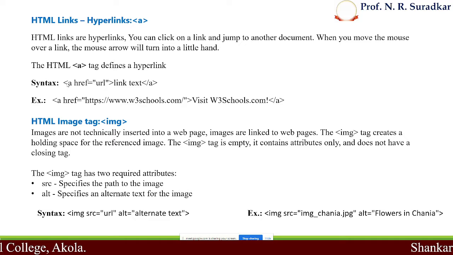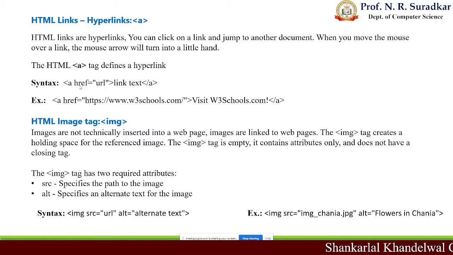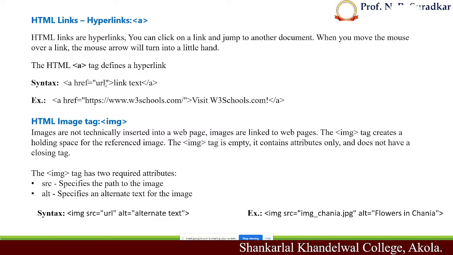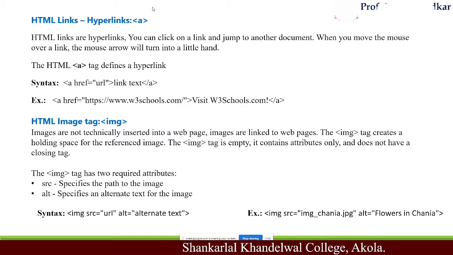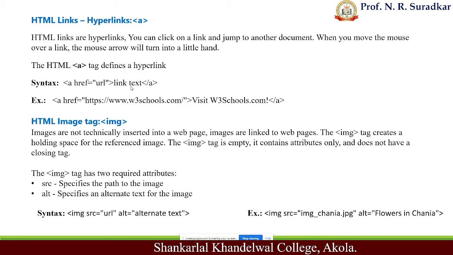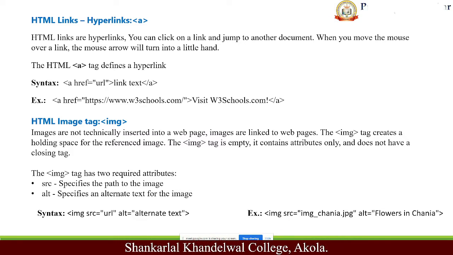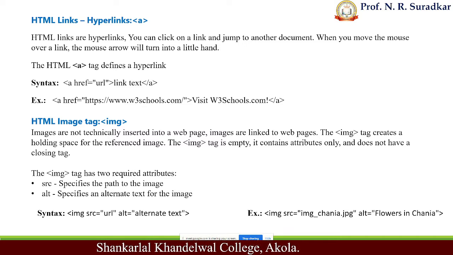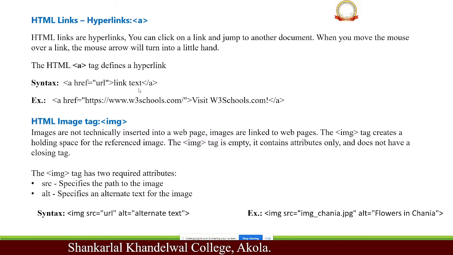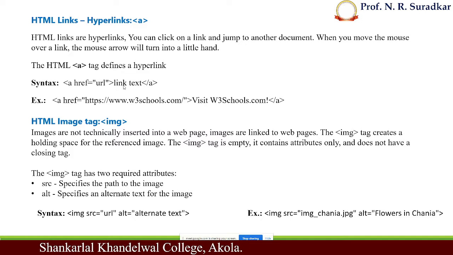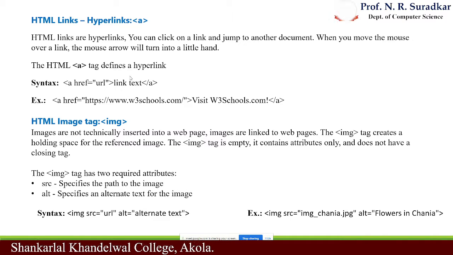First the starting tag A, then we use href as the attribute. This is the attribute which holds the value URL. URL is nothing but the position of our particular web page, the place where we want to give the link to the text which we have to use here.